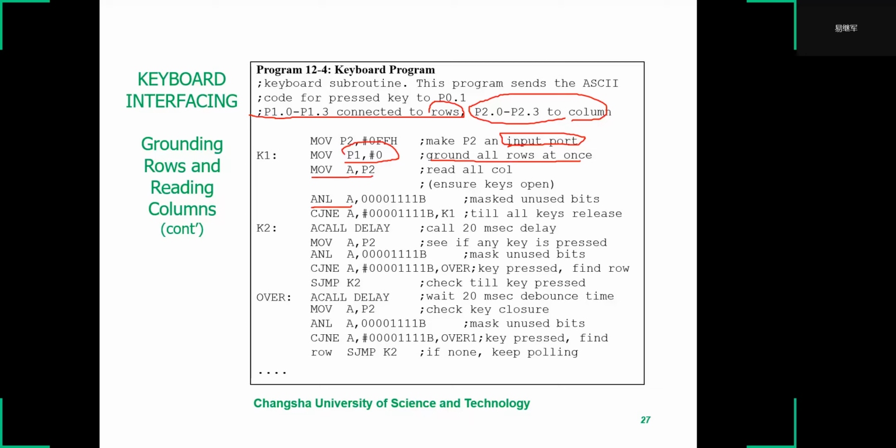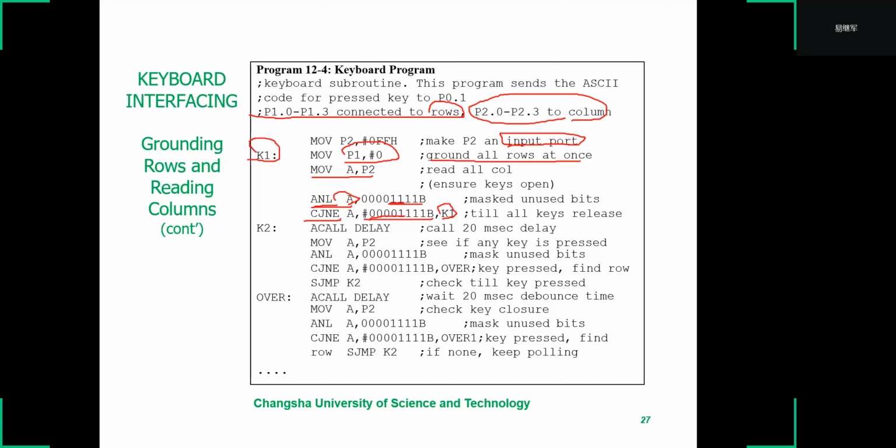So we just use the lower 4 bits. If some bit is 0, we can get it. And then the result goes to CJNE: compare the result with this value. If the result is not equal, just jump to here.